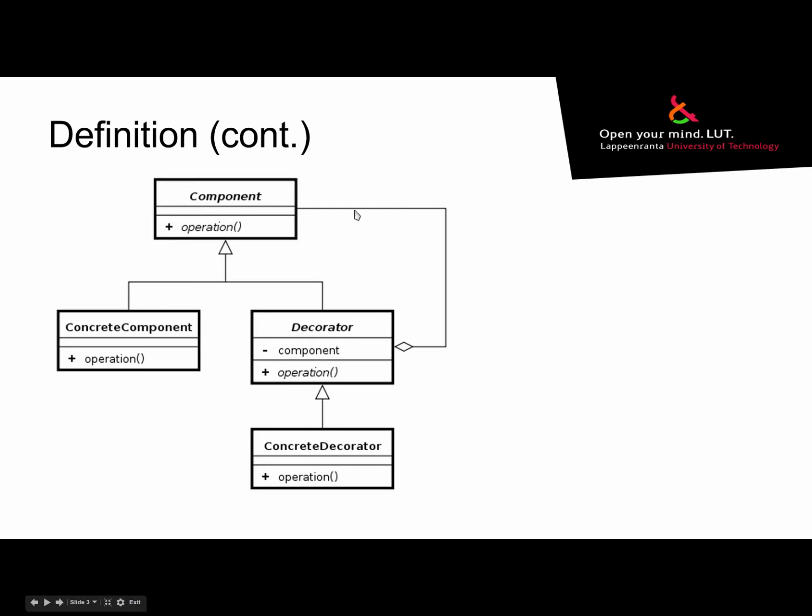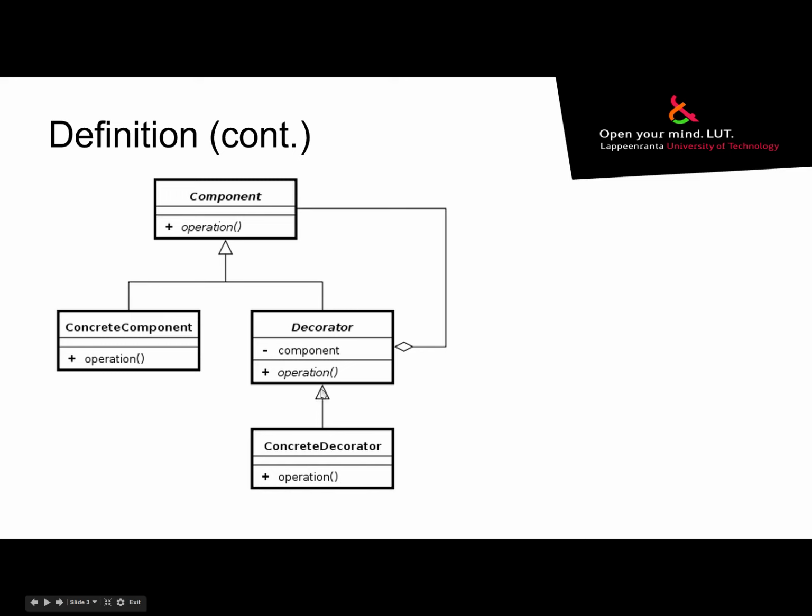So first up, you have a component, probably an interface, and it contains an operation you want to do. One way of implementing this is to create a concrete component. However, if you want to add another operation without changing this concrete component that's already in use, you can create a decorator where, in this example, you are overriding the existing operation and using this concrete decorator to actually implement this operation.